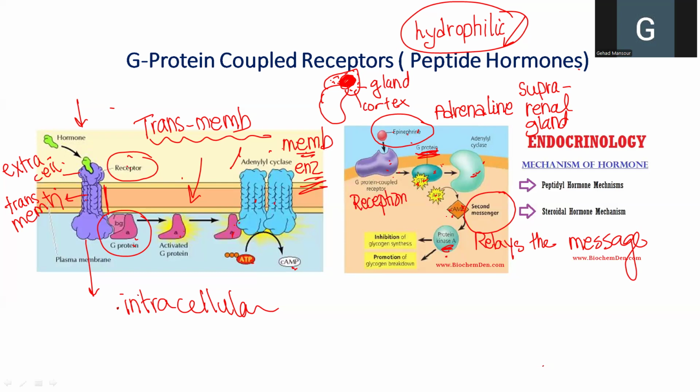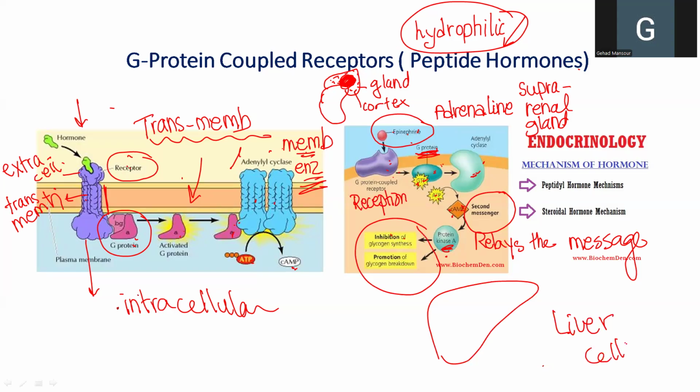So, cyclic AMP would activate the protein kinase enzyme, and the protein kinase enzyme will inhibit glycogen synthesis and promote glycogen breakdown. And actually, these are not two contradictory actions, because where can this occur? This can occur in liver cells.